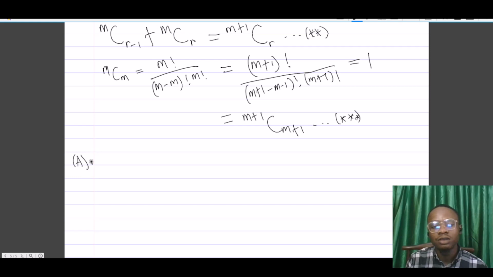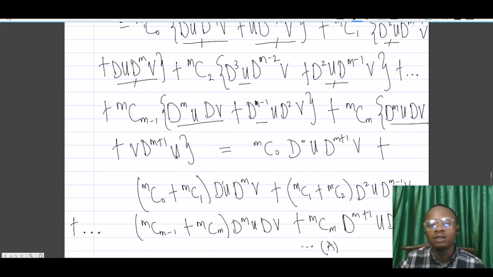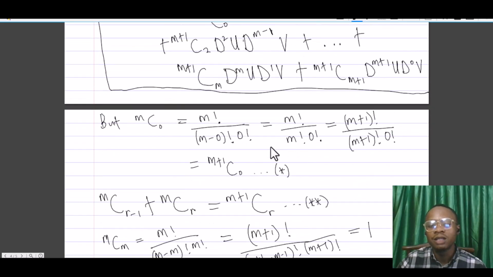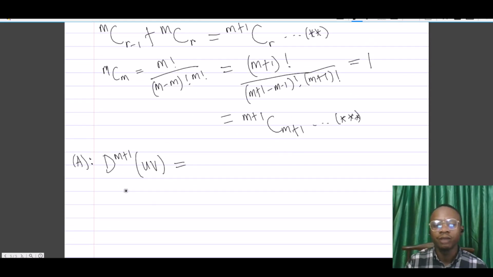Substituting all of this into equation A, we will have the m plus 1 of uv equal to, so we pick those terms up one after the other now. This is the m plus 1 of uv. We simplified it up to this point. Now we have seen that m combination 0 is the same thing as m plus 1 combination 0. So we're using all of that here.